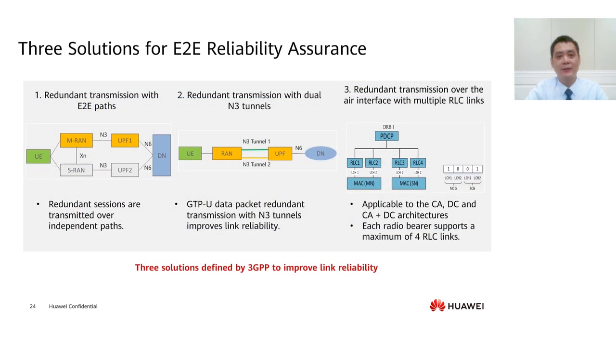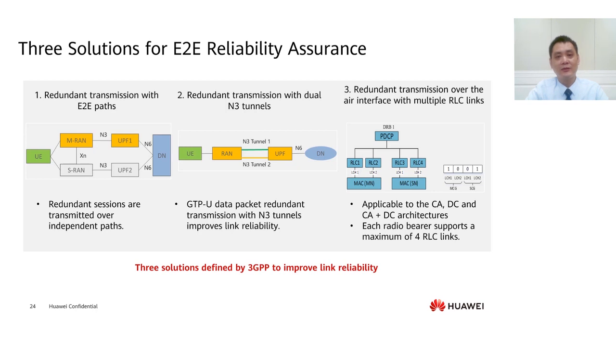In addition to the active and standby mode, 3GPP defines 3 solutions for improving link reliability. These solutions include redundant transmission with end-to-end paths, redundant transmission with dual N3 tunnels, and redundant transmission over the air interface with multi-RLC links.